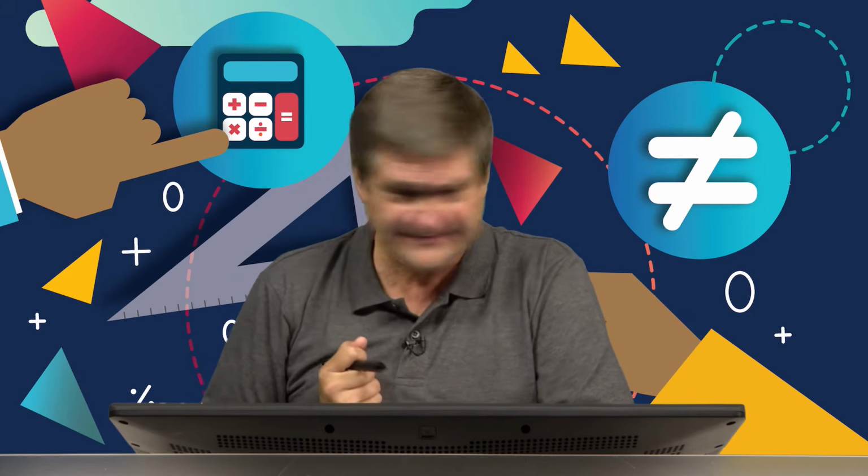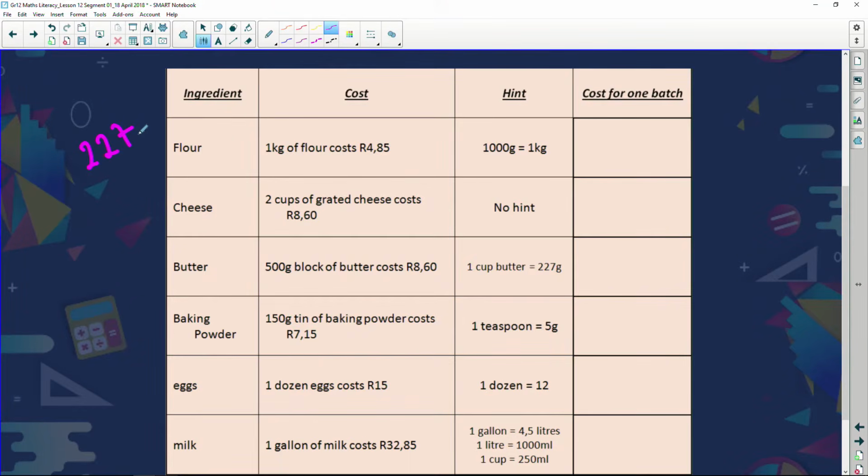I say, no, I don't want that kind of flour. I want the flour to bake with. So they show me the aisle and I go down to that aisle and I say, uh-oh, I got a problem. They're selling flour in 1 kilogram packets. I don't want a kilogram. I only want 227 grams. But I've got to buy the kilogram.